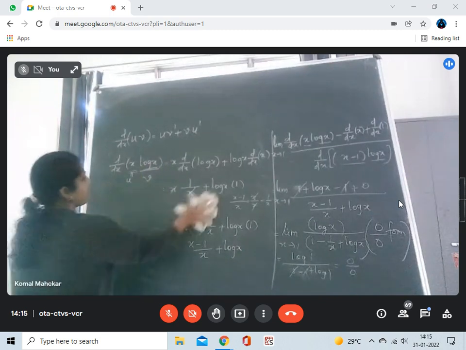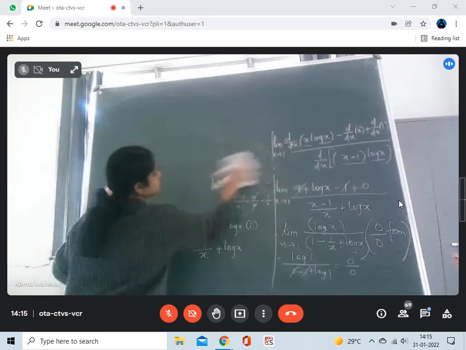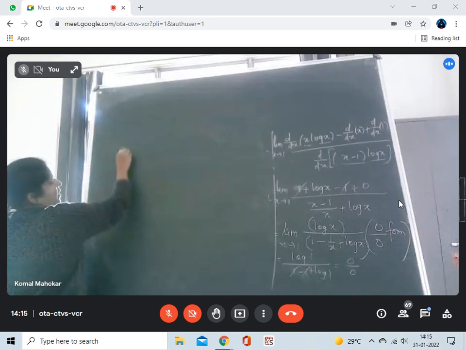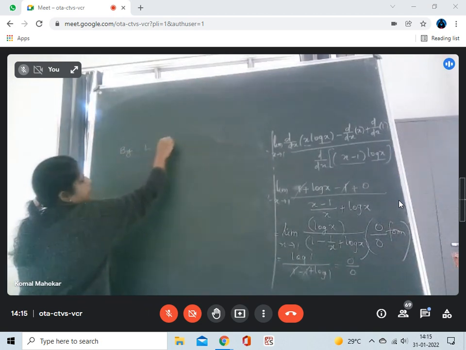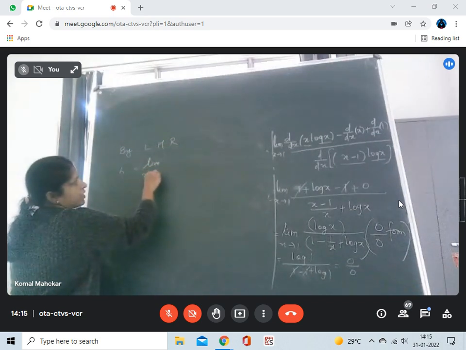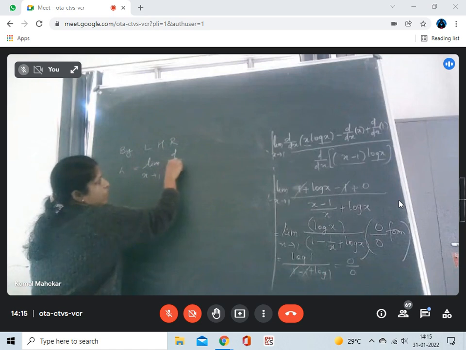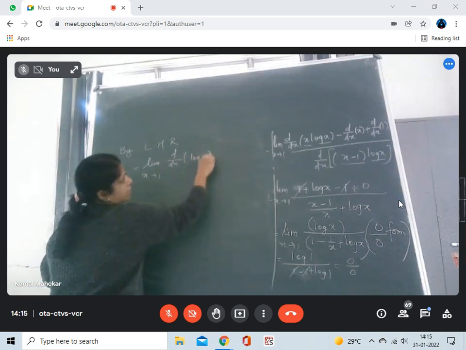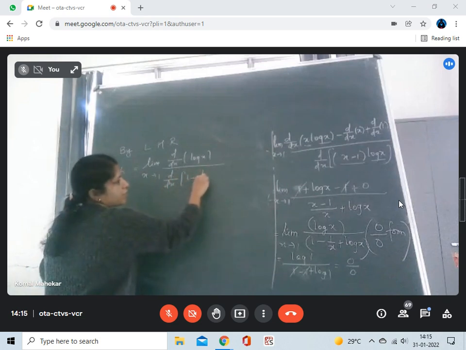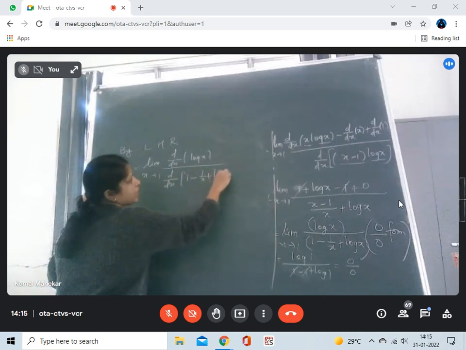So by using L'Hospital rule, we have L is limit x tends to 1 of d by dx of log x divided by d by dx of 1 minus 1 by x plus log of x.